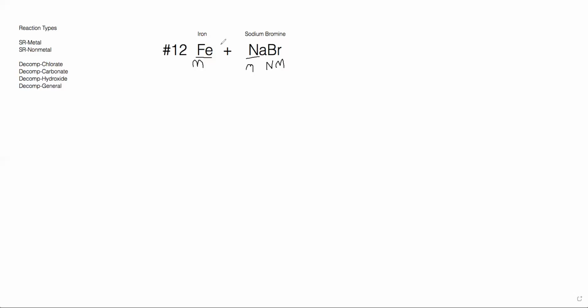Or actually, I think it's going to be ferric bromide would be the technical name for this. I think that it would change into ferric bromide, but the main thing to consider is that this is metal single replacement. Yep, single replacement metal.